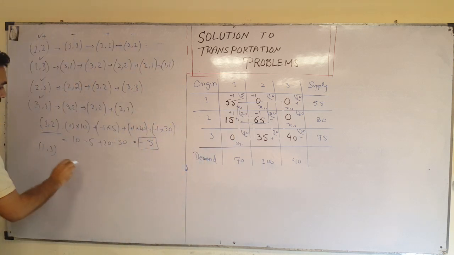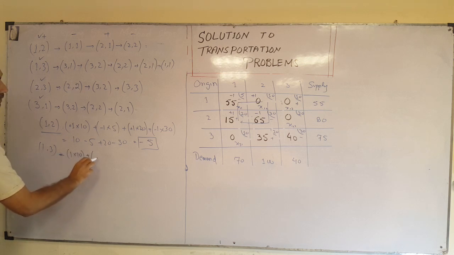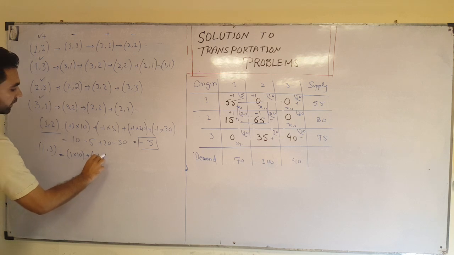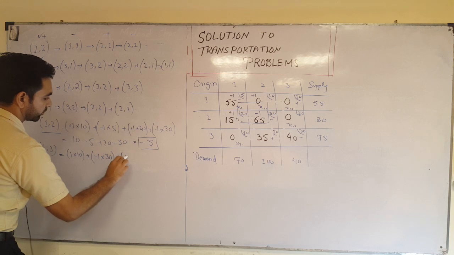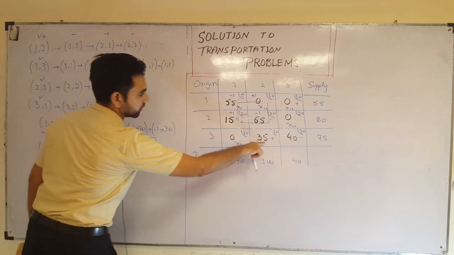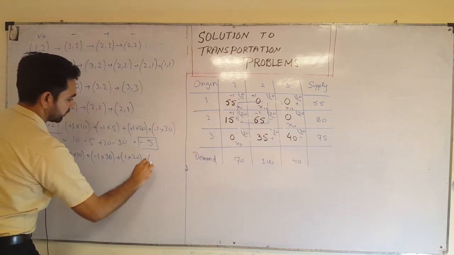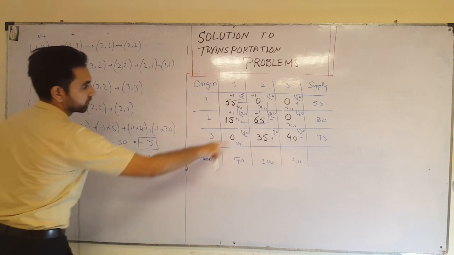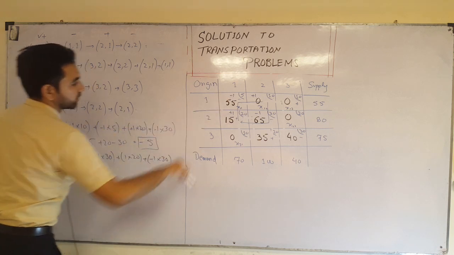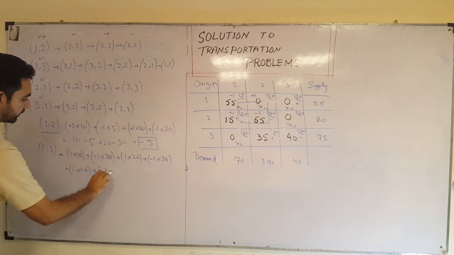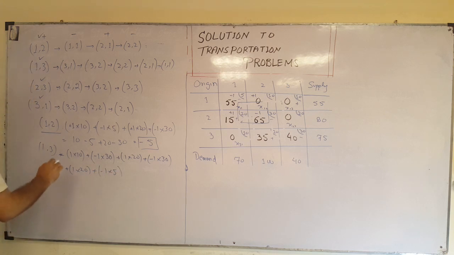So again, you can calculate that: 1 times 10 plus minus 1 times 30 plus 1 times 20 plus minus 1 times 30 plus 1 times 20 plus minus 1 times 5, and you add them up.